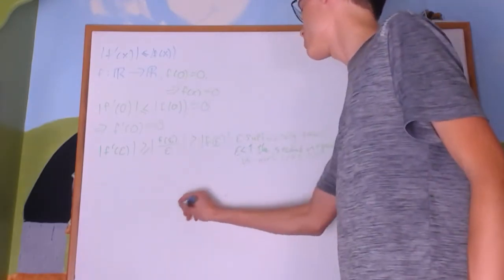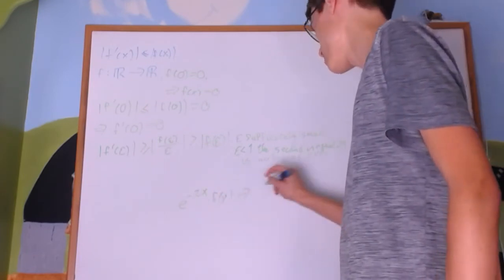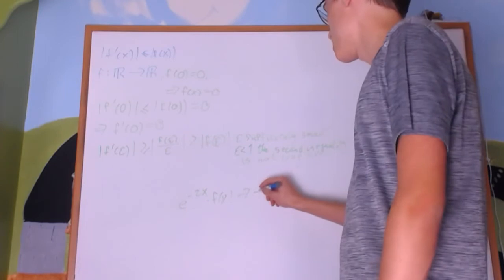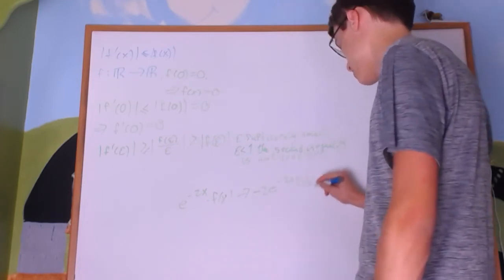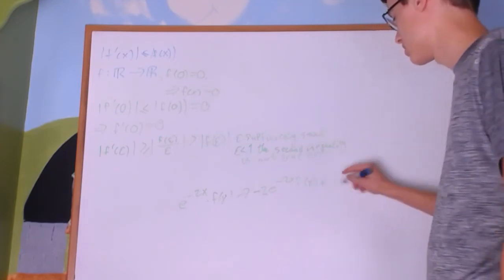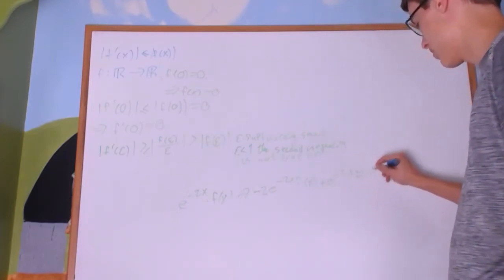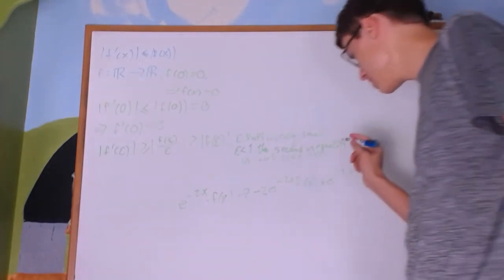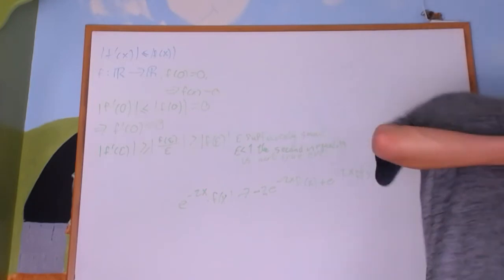It becomes negative 2 e to the negative 2x f of x plus e to the negative 2x f prime of x. Plug in 0 there. What would that do?